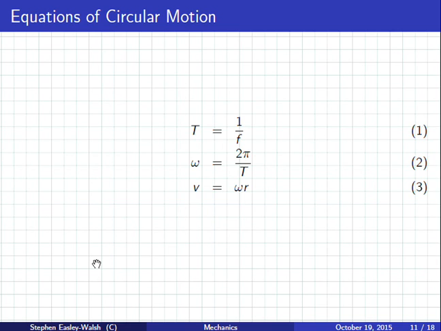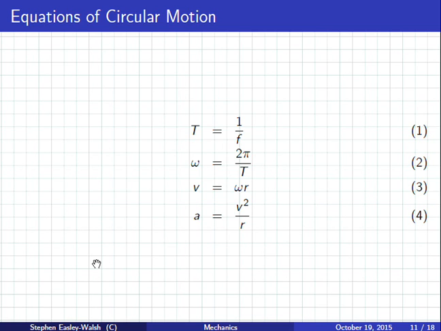And then the last formula is to calculate the acceleration. Acceleration is v squared over r. r is radius. So these are our 4 formulas. Did you get them?